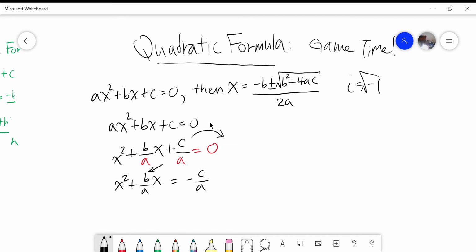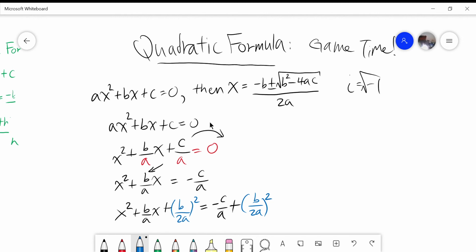So we're going to get x squared plus b over a x plus b over 2a squared equals negative c over a plus b over 2a squared. And okay, we are nearly done here actually.